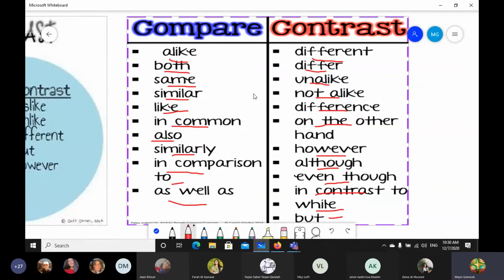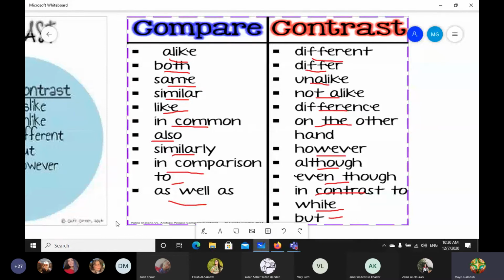So these expressions you guys have to take into consideration and try to memorize a couple of them when you want to speak and talk about similarities and differences between things.